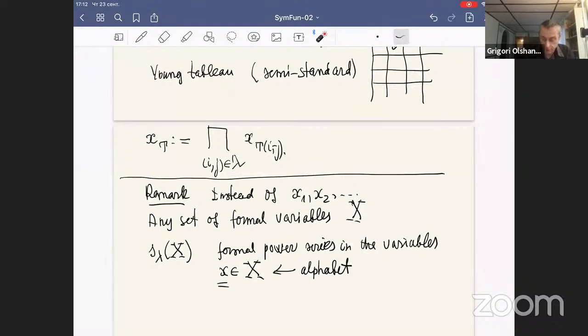Assume it is a countable set, for instance, but this is not important.